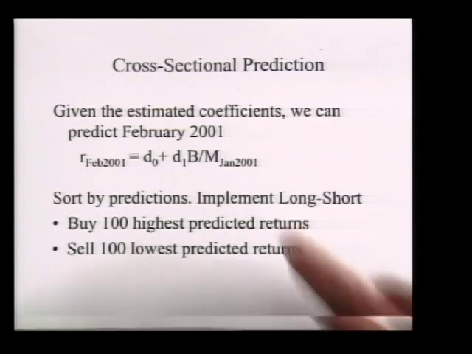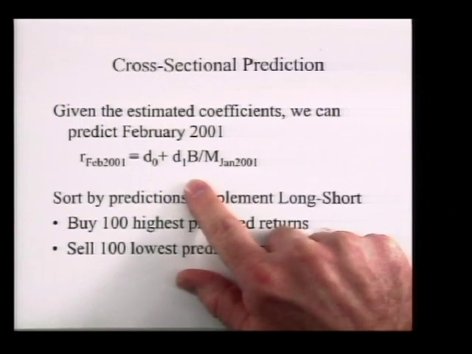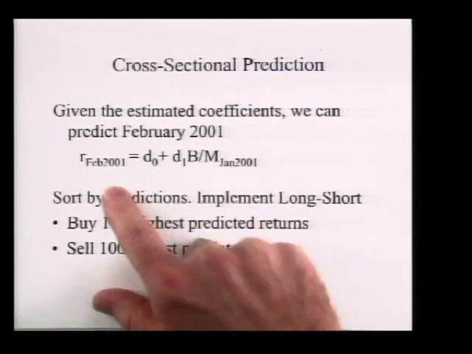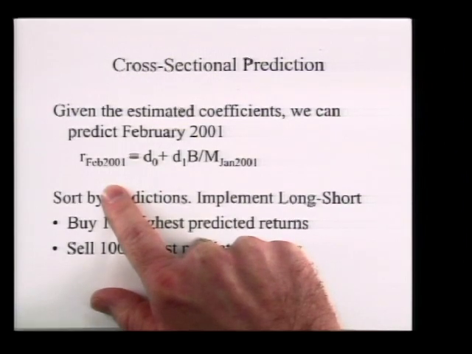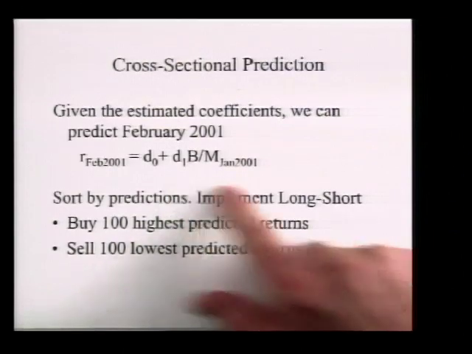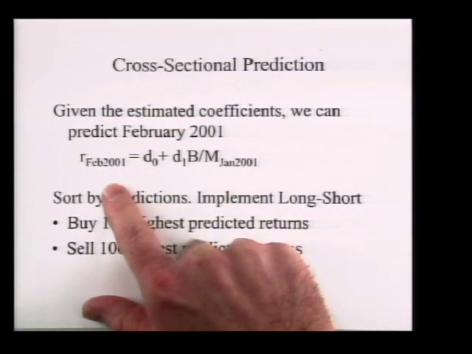Okay, so given that I know D0 and D1, and now I know the book to market January 2001, I plug this in and get predictions for February 2001. So I'm using my estimated coefficients, and I get predictions for February 2001.